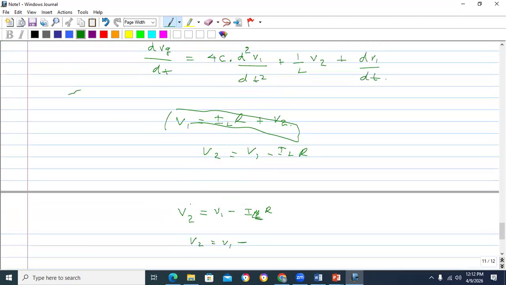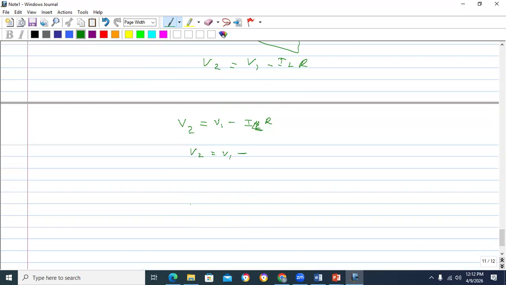This way you can do, okay. You know that V2 is equal to V1 minus IL R. IL is the current through the inductor. So the current through the inductor you can write as again the integration of VL, so that is V2 dt in this way. Okay, so integration is there.